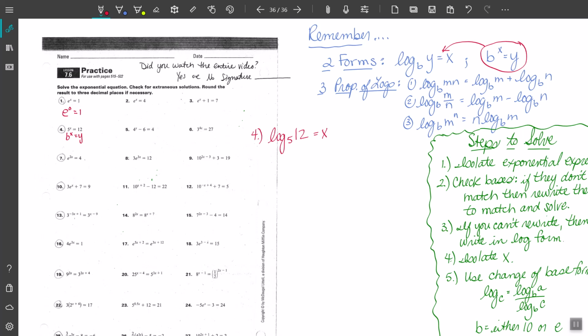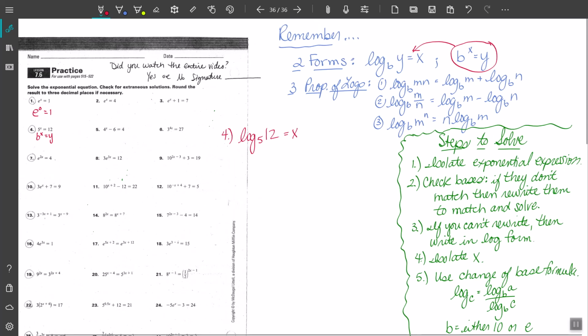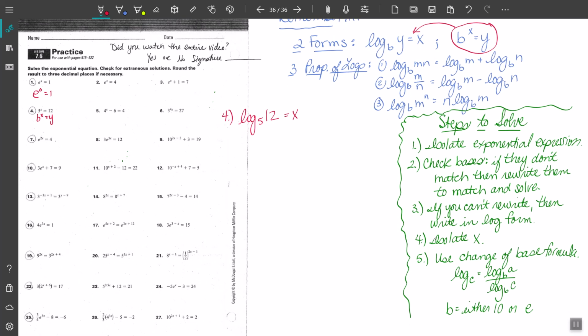So now I have x, but I need to use that change of base formula, which is down here in number 5. So we went through number 4, we isolated x. X is all by itself now. Now we're going to use the change of base formula to rewrite this into a logarithm that we can actually put into the calculator.